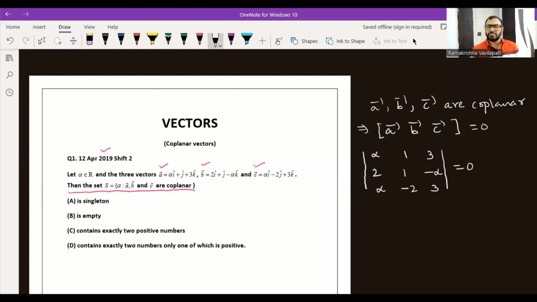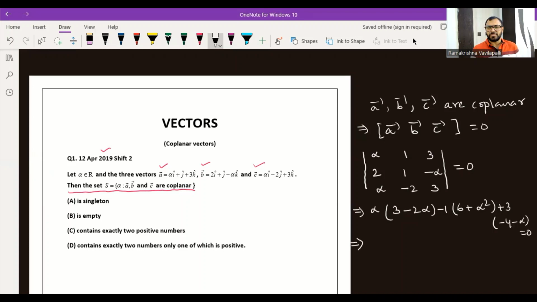So now expand it. This implies alpha into, you see, this is 3 minus 2 alpha, minus 1 into 6 plus alpha square, plus 3 into, you will have minus 4 minus alpha equal to 0.